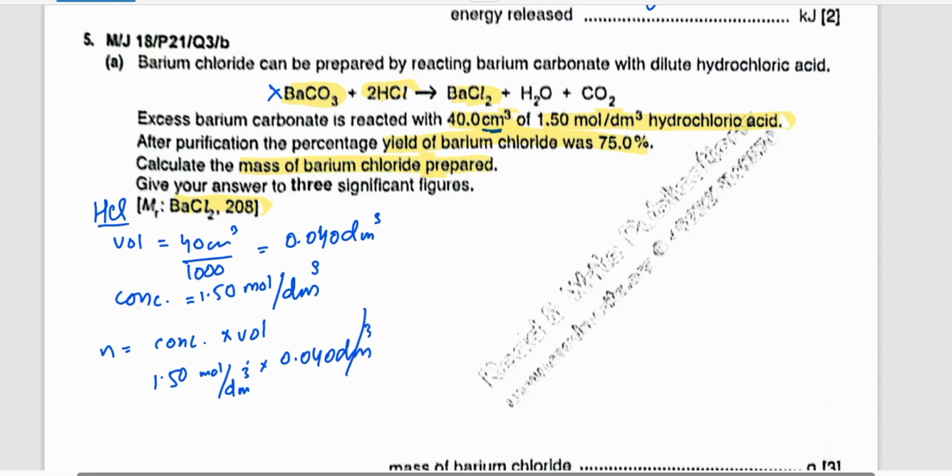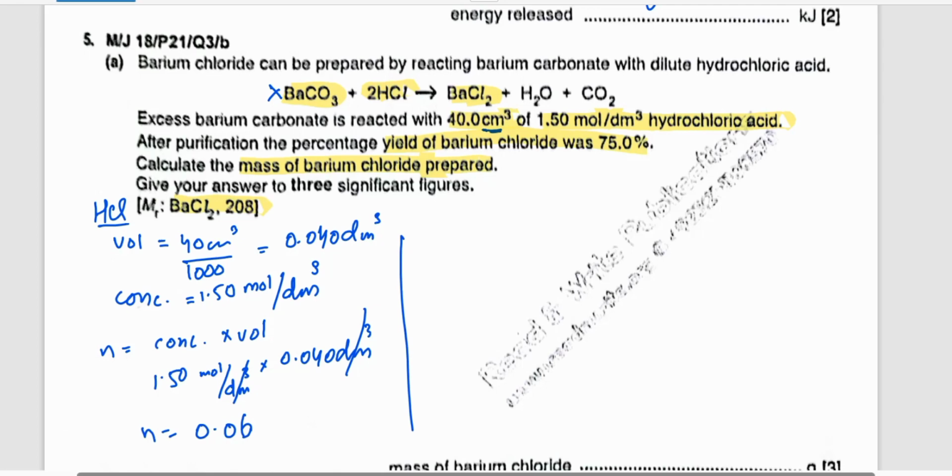Dm cube will be cancelled with dm cube, so we can simply multiply 1.50 by 0.040. So what we get here, number of moles is equal to 0.06. Okay, so from HCl what can we find out? The moles of barium chloride.